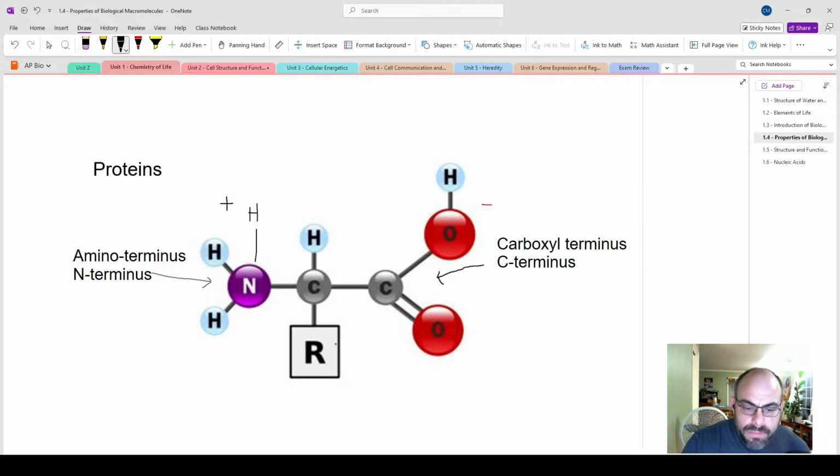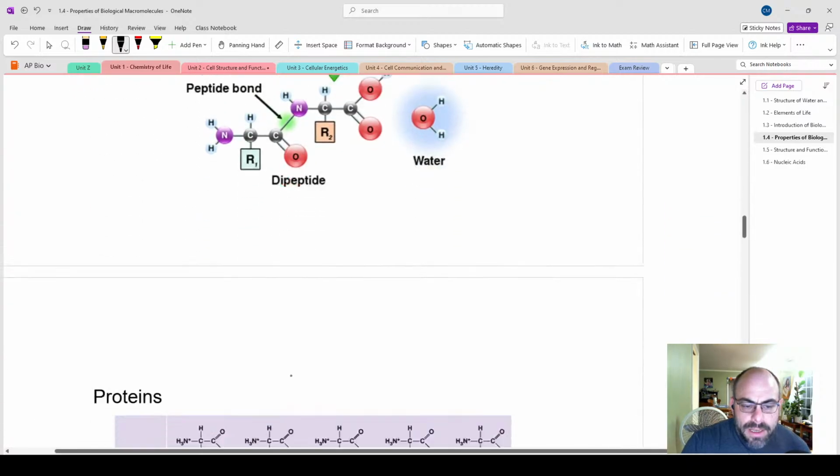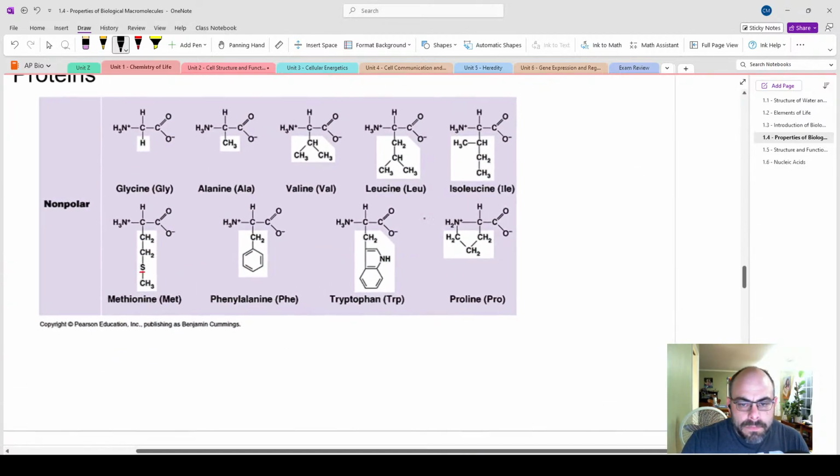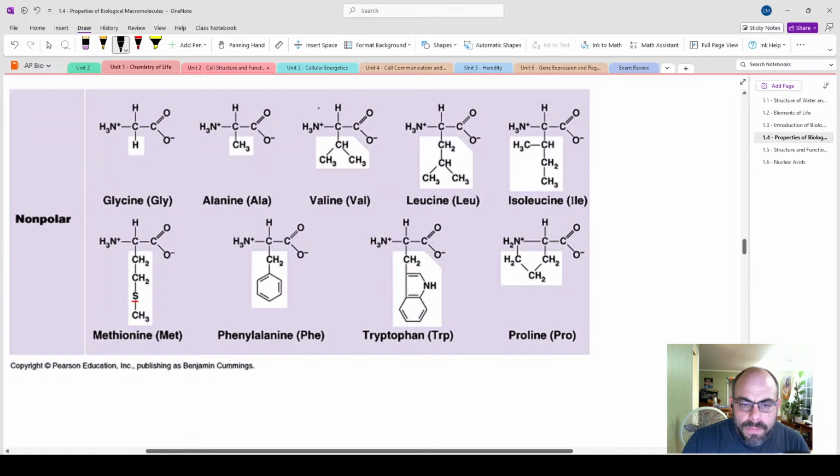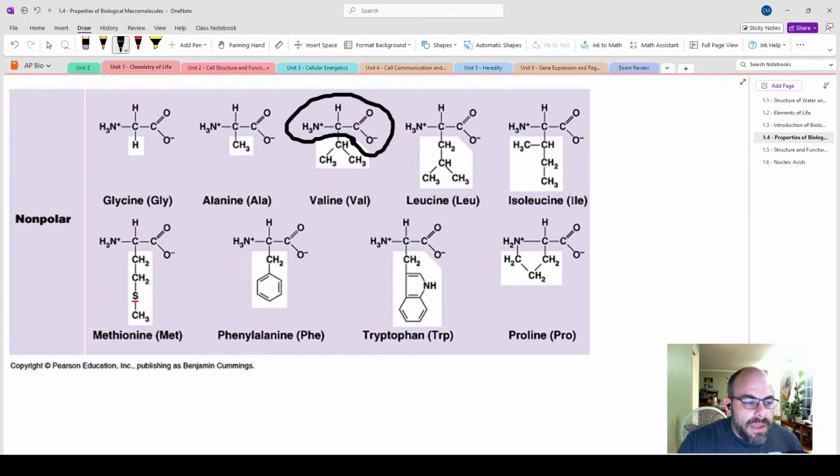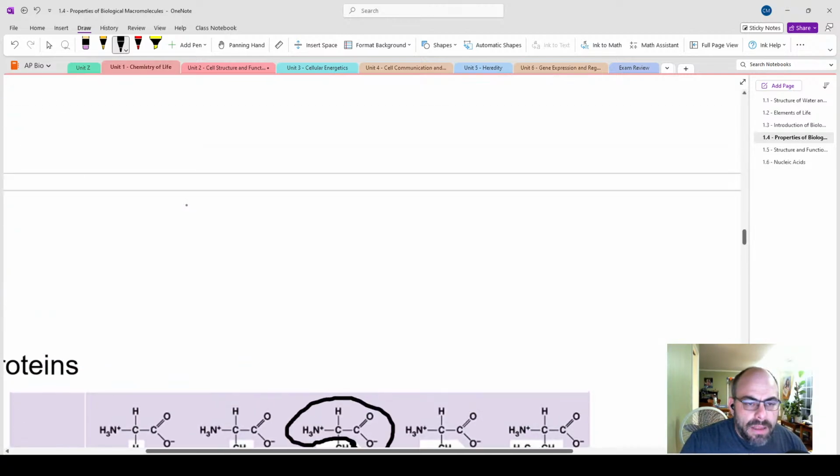Sometimes there'll be a box with an R, and sometimes it'll be some kind of random thing. But this portion of the amino acid is always the same every time. The R group is going to be a variable, and that is what's going to change things up.